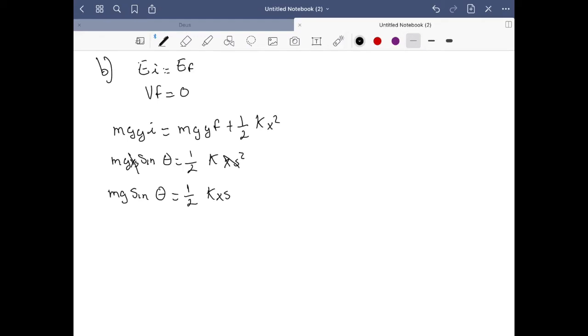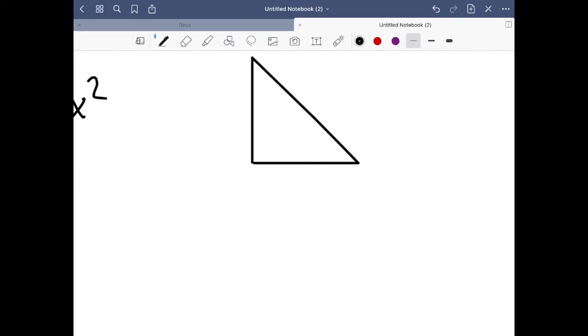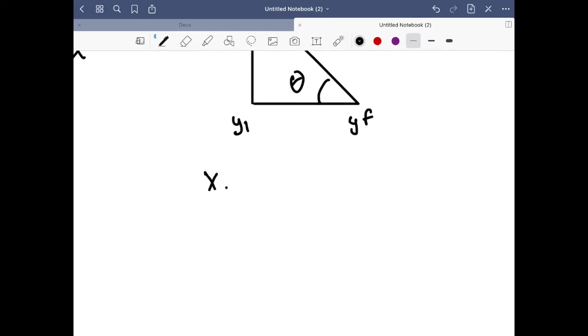So now we cancel one d, and then we can multiply both sides again by 2, and we cancel the 1/2, and one more time we divide both sides of the equation by k, and now we have this new equation: distance is equal to 2 times mass times gravity times sine of theta divided by k.